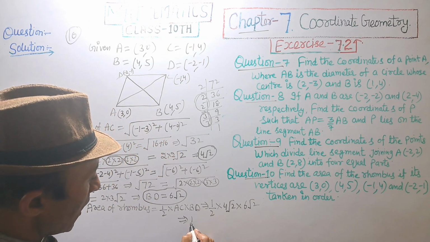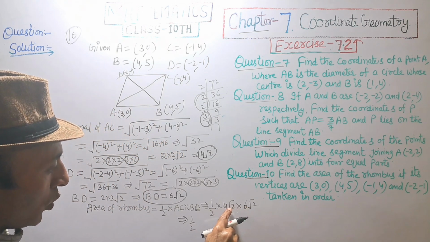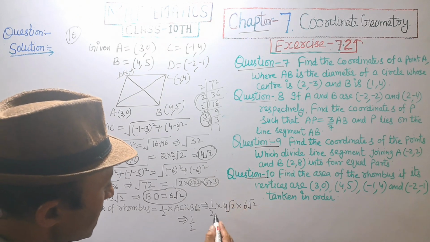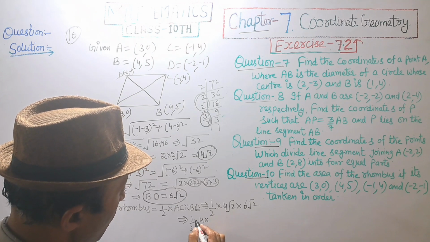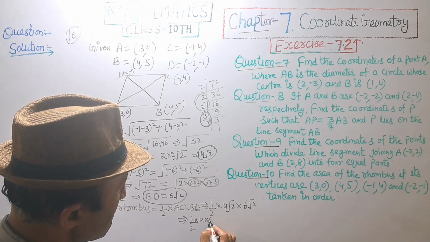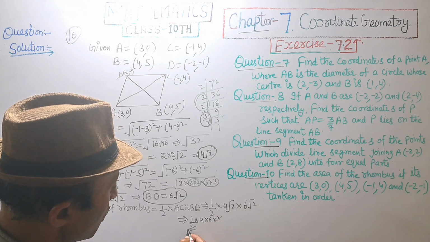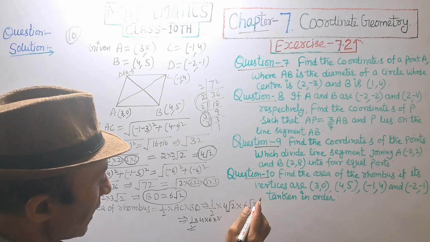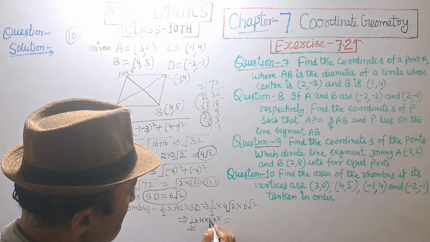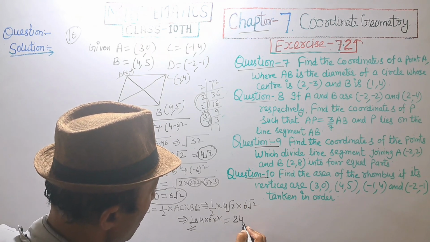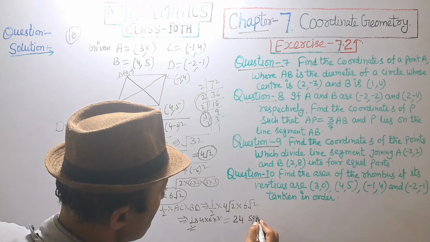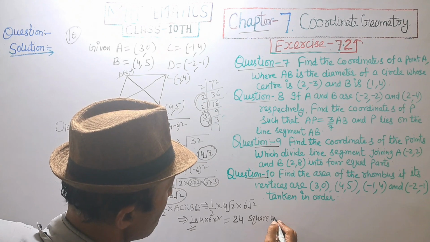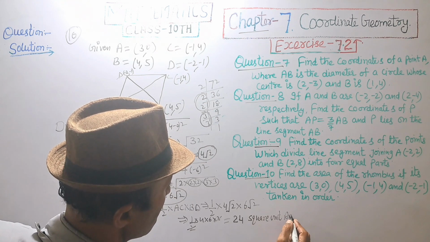This implies 1 upon 2, root 2 multiplied by root 2 is root 2 square, and the root is cancelled. So 4 into 6 into 2, the 2 is cancelled, root 2 square root is cancelled, but we get 6 4s are 24 square unit. Answer.